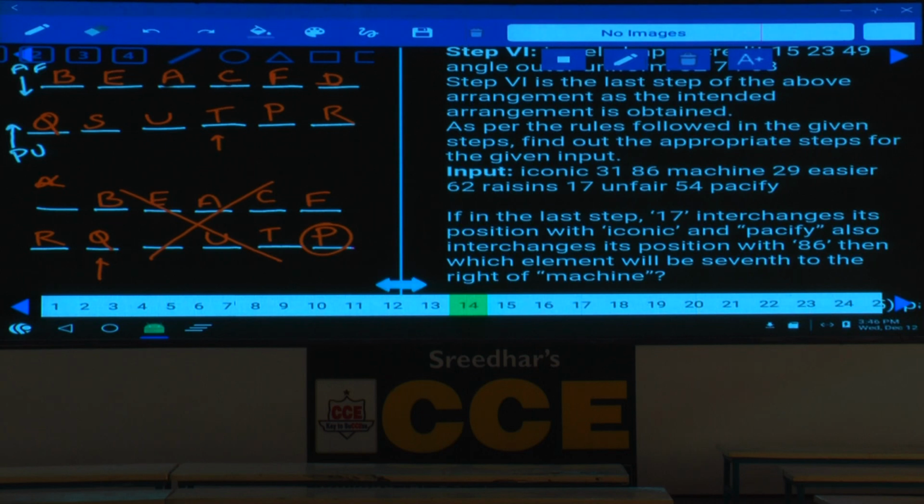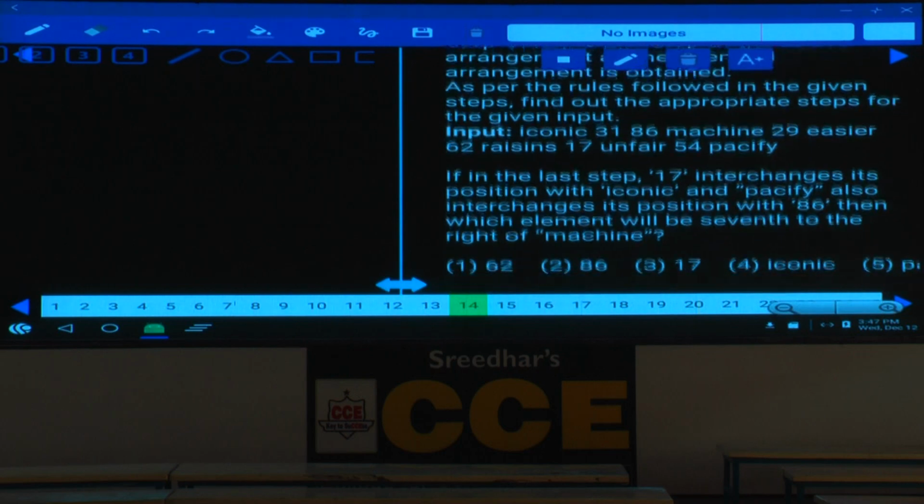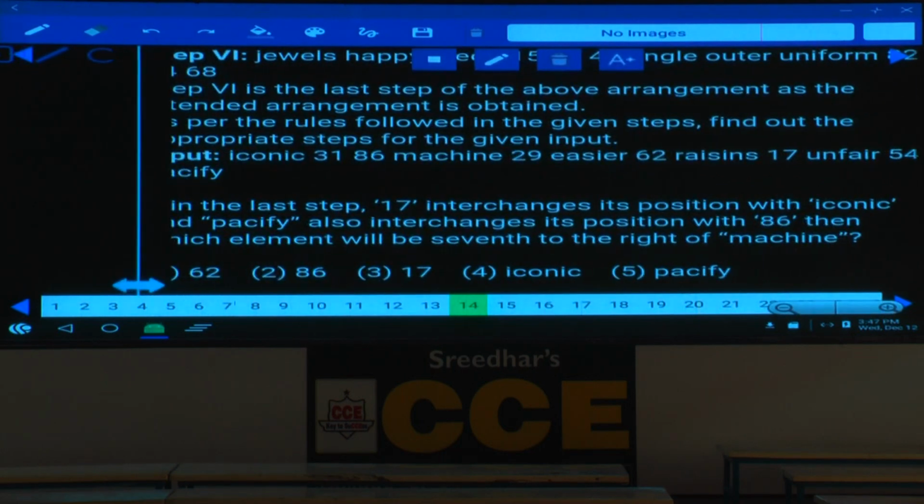Now in these question numbers 14 to 17, tell me what is given here. It is based on input and output. Now in this input and output, tell me what is the information given here.